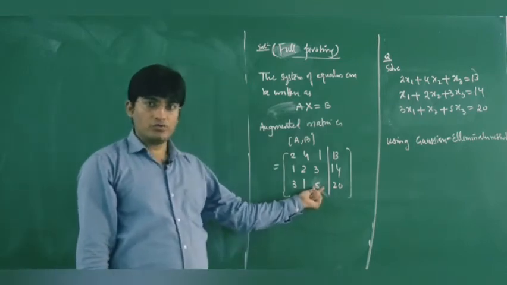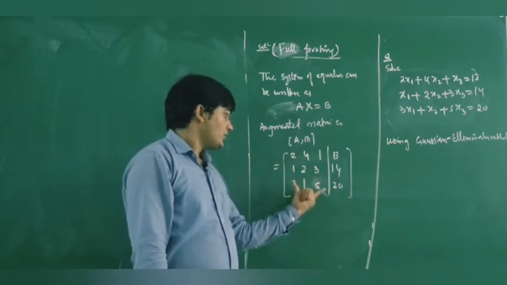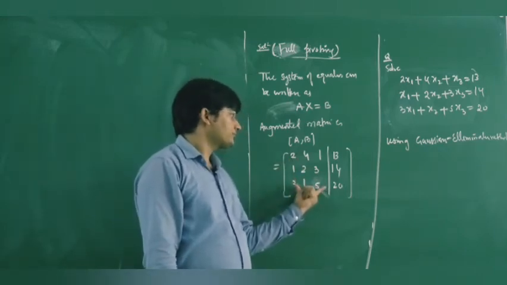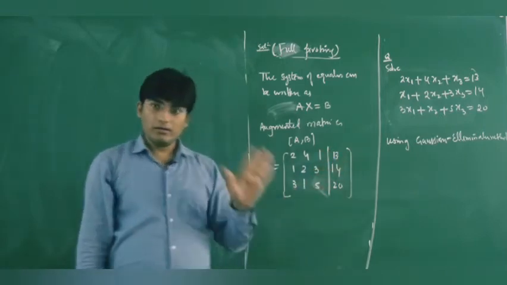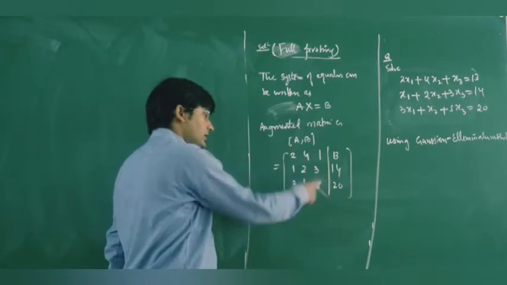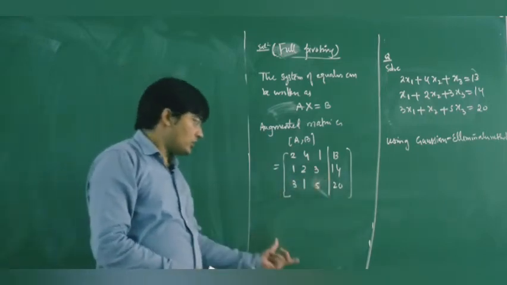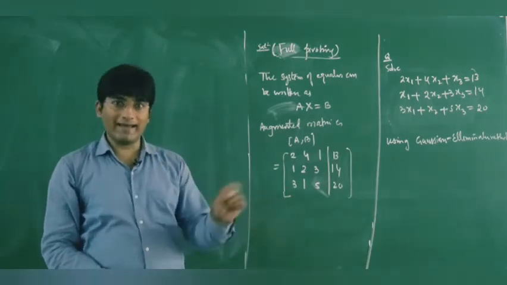Now we will try to bring this 5 to the first position. For that, first we will interchange R1 and R3. After that, we will interchange C1 and C3. While we interchange C1 and C3, please note that in our solution we will have to interchange x1 and x3.